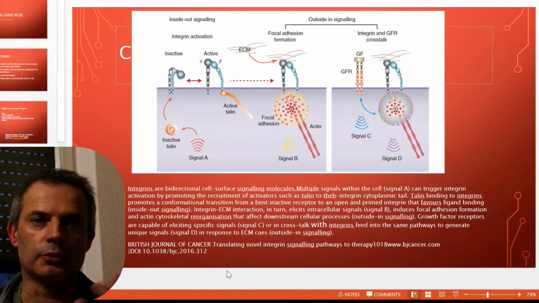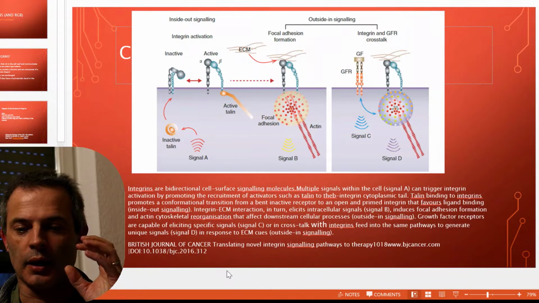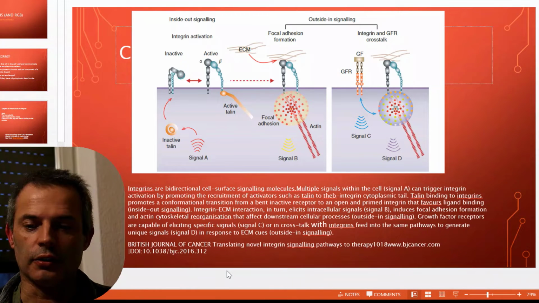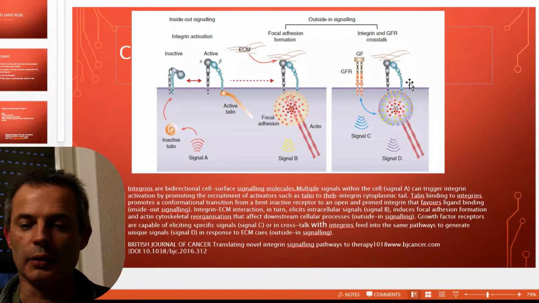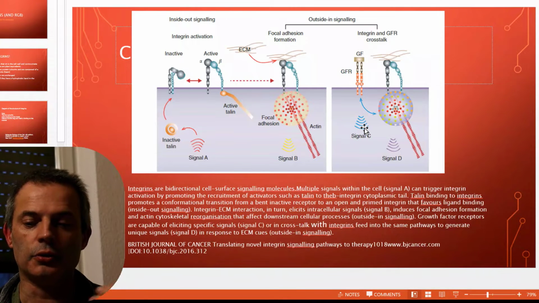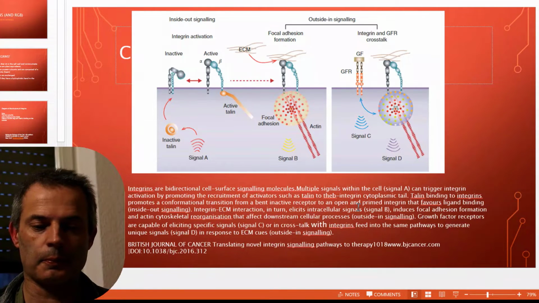The extracellular matrix will be fibrous proteins between the cells. If we have some kind of signal from the outside, we can also cause it to switch on, and that will generate a new signal inside the cell to do something, quite possibly.